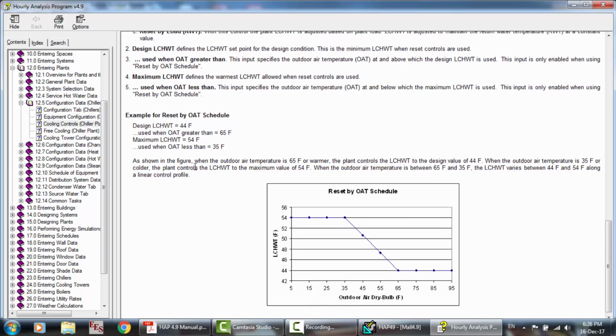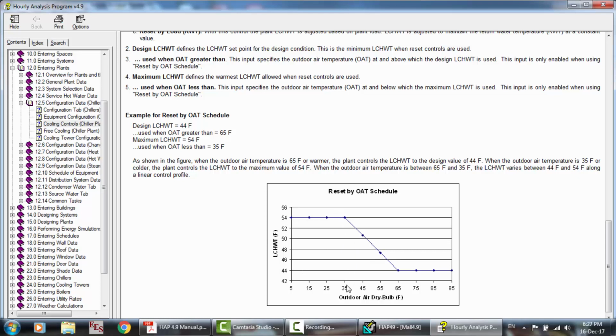So as shown in the figure, when the outdoor air temperature is 65 Fahrenheit or warmer, the plant controls LCHWT to the design value 44.